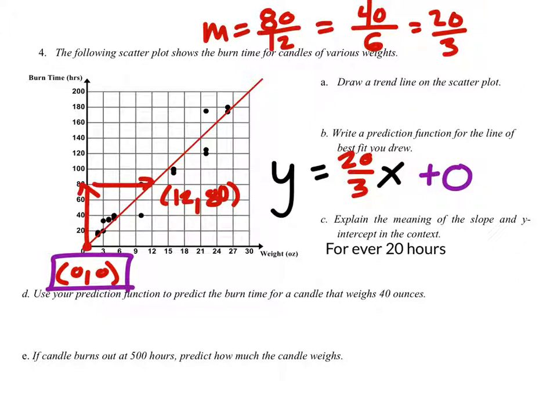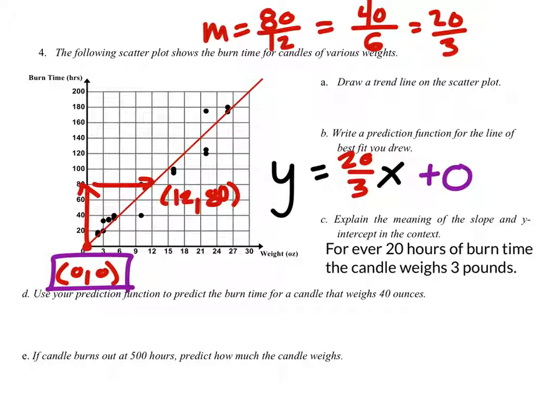For every 20 hours of burn time, the candle weighs 3 pounds. Now that's just a slope.